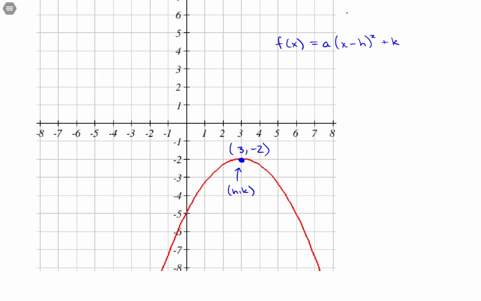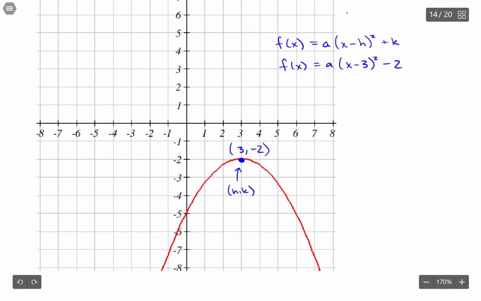And that's a really important point that we can plug into the equation and get us most of the way here. So we now have f of x equals a times x minus the h, which is the x coordinate of the vertex, so x minus 3 squared, and minus 2, because the k value is negative.